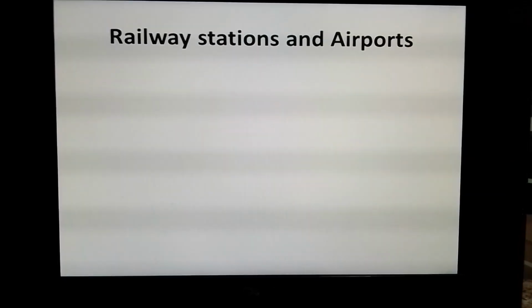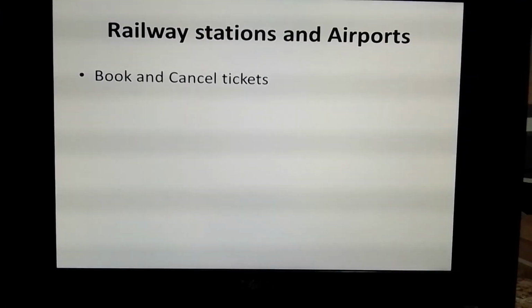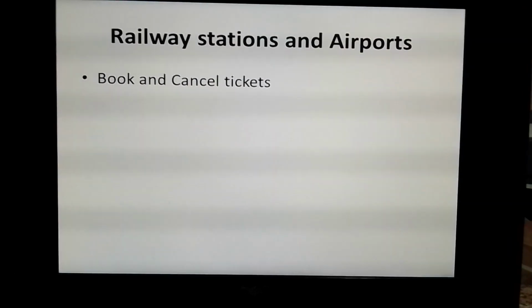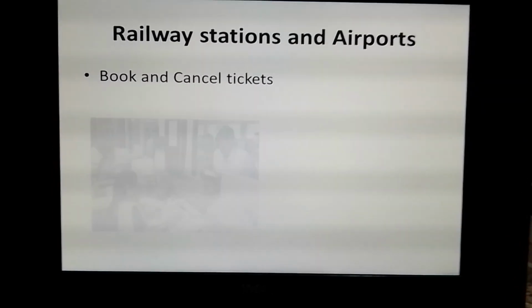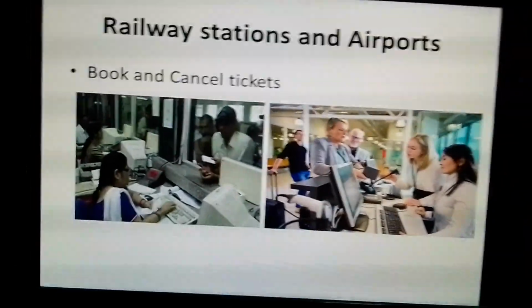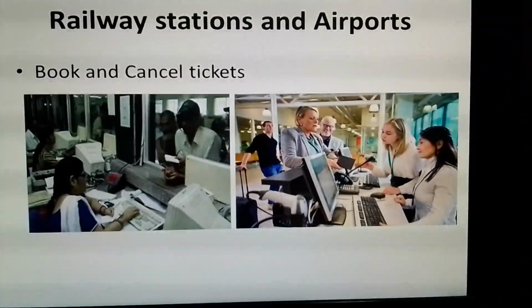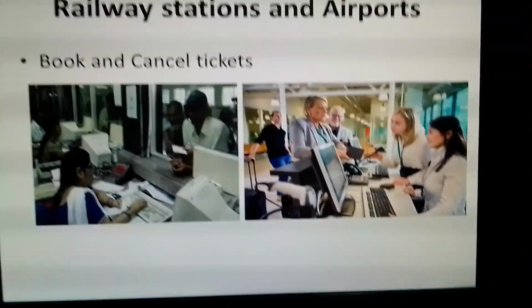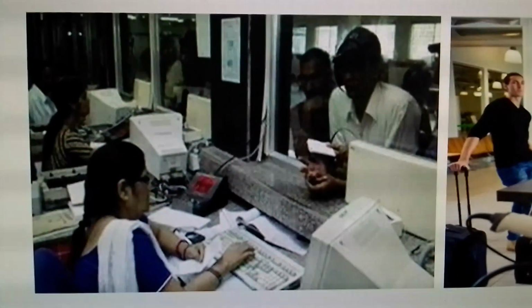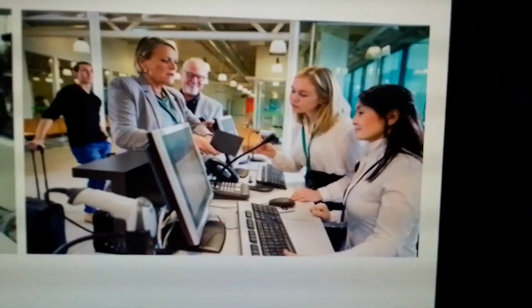Now let us move to how computers are used in railway stations and airports. At railway stations and airports, computers are used to book and cancel tickets. You must have visited railway stations and airports when you want to travel to other cities or countries. This is a picture showing how we can book or cancel tickets at railway stations, and this shows how we can book and cancel flights.